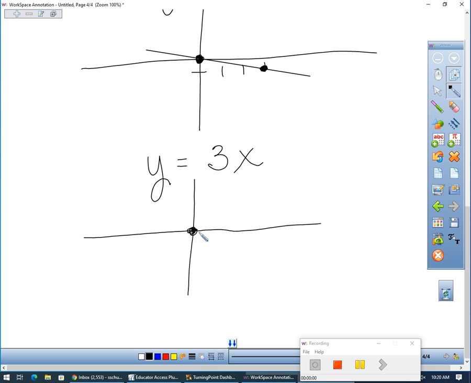What magical number is always underneath there? A 1, right? So I'm going to write it as 3 over 1. So now tell me, how many am I going to rise up? 1, 2, 3. How many am I going to run to the right? 1, and put my dot. There's always a magical 1 underneath it. Did that answer your question?